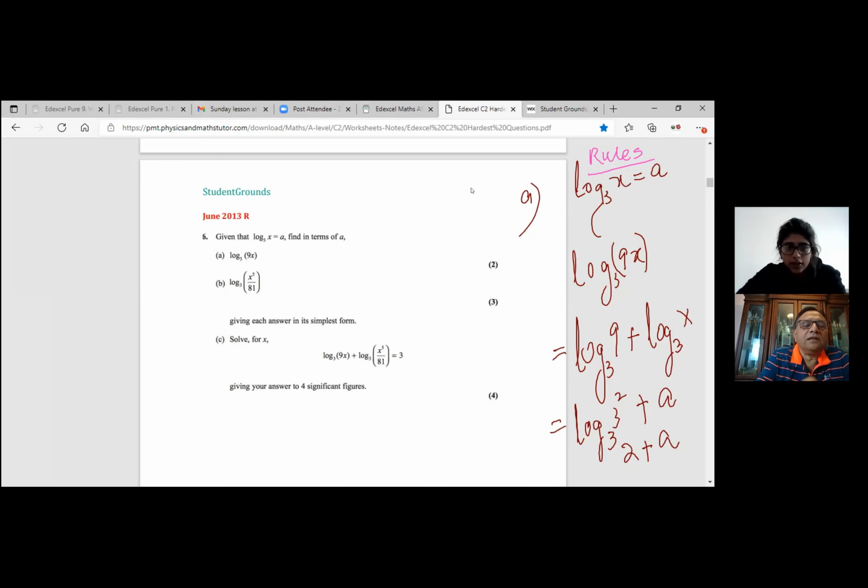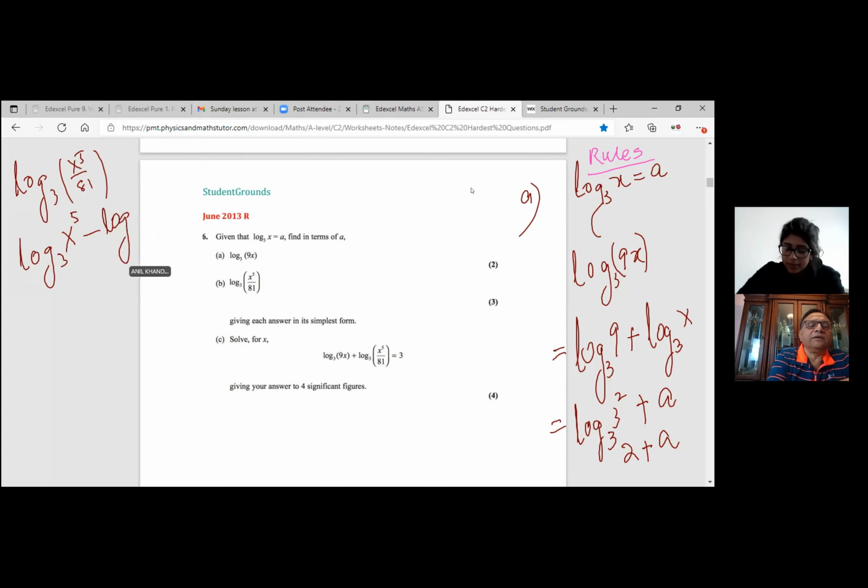Perfect. Now, the second one is the quotient rule. So in the quotient rule, when I have log to the base 3 of x to the power of 5 over 81, this will be negative, right? Log to the base 3 of x to the power of 5 minus log to the base 3 of 81.